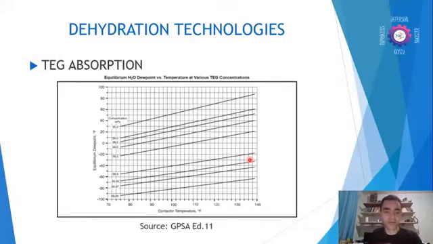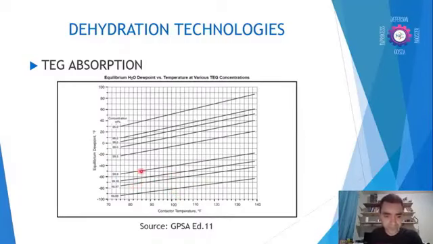And here, just to let you know, there is a chart available in the GPSA electronic data book where we can see the correlation between the purity of our TEG system and how much it can reach in terms of dew points.